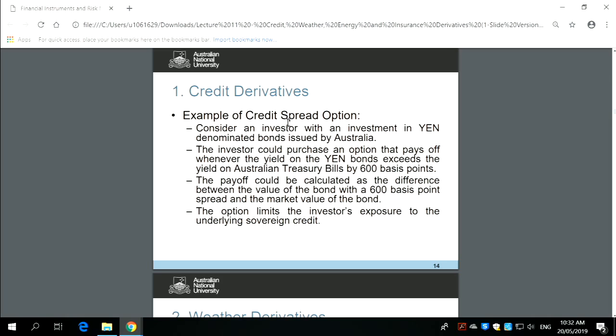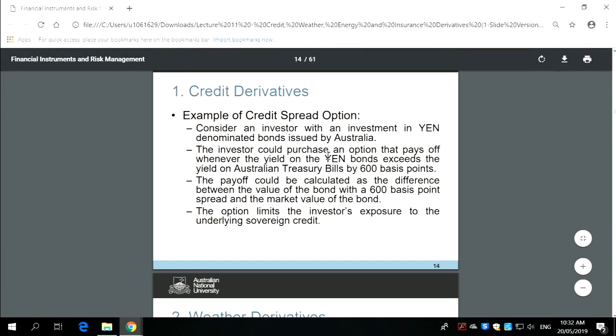If the difference between the interest rates in Australia and Japan reaches a certain level, then a payment gets triggered. You get a payment to compensate for the fact that you missed out on the return on the Japanese bonds. In other words, the way the credit spread option works is that if the difference in the interest rate widens, then you'll be compensated with a payment. Okay?